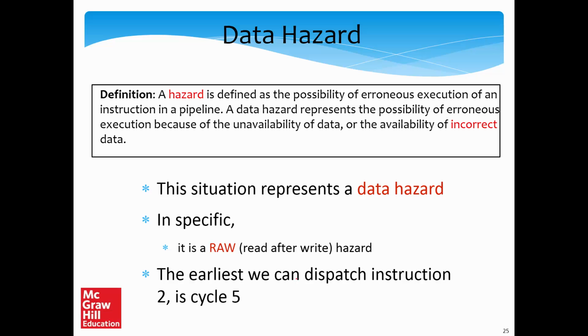Alright, so let's define some terminology. Let's define the term data hazard. A hazard is defined as the possibility of erroneous execution of an instruction in a pipeline. In specific, a data hazard represents the possibility of erroneous execution because of the unavailability of data or the availability of incorrect data.